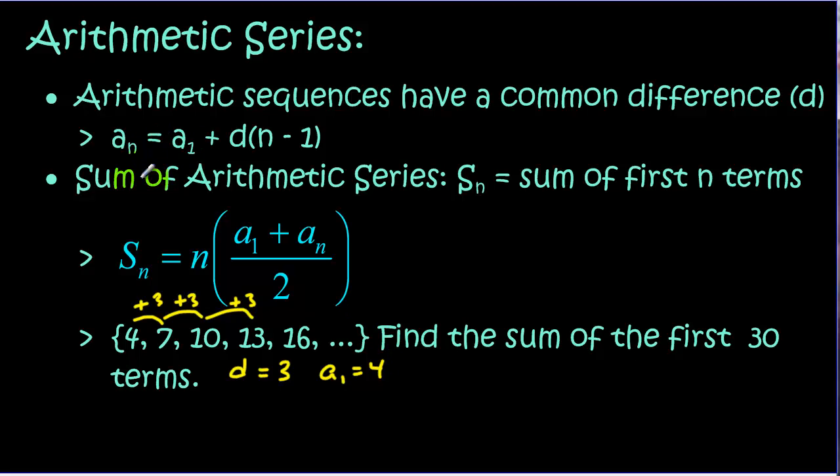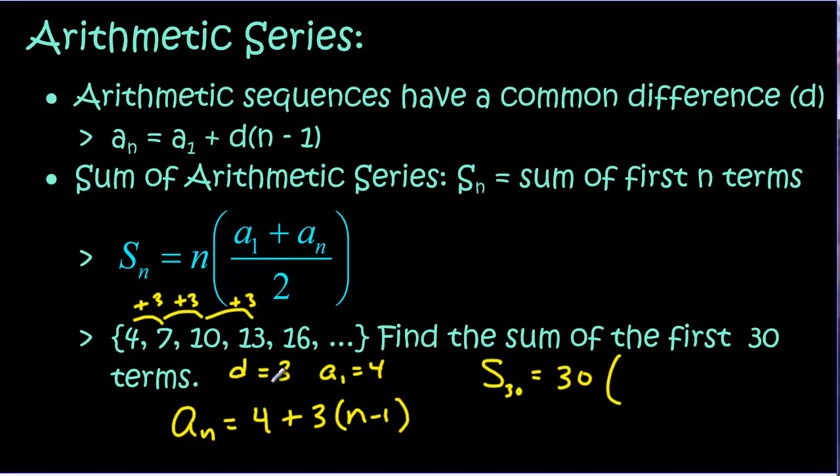So if we want to write a formula for the nth value, using our formula from the last video, it's going to be the first term plus 3 times n minus 1, and this is our d. Now to find this sum, it's asking us to find S sub 30, it's going to be 30 times, now we need to find a1, which is 4.